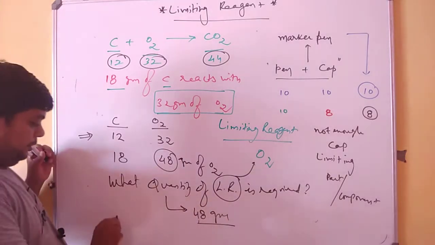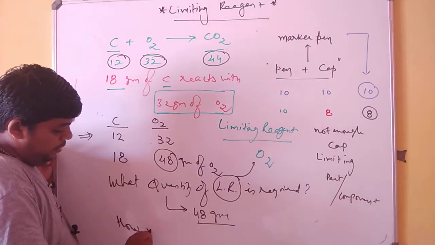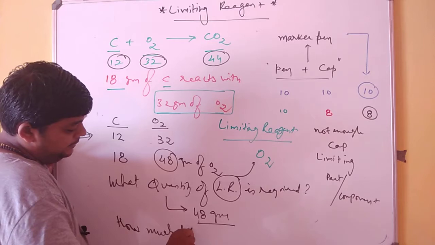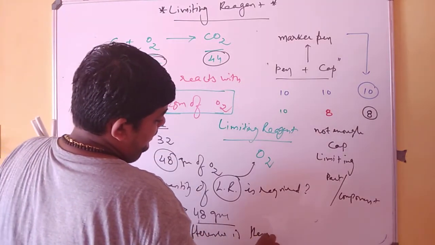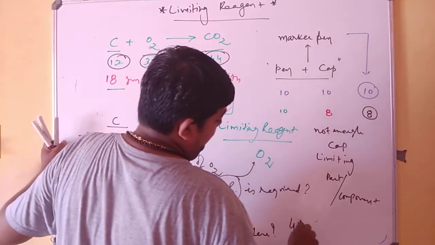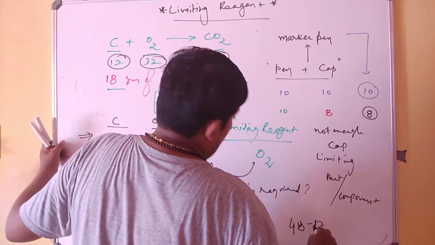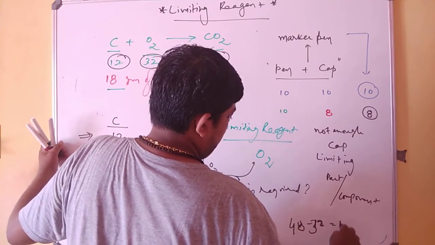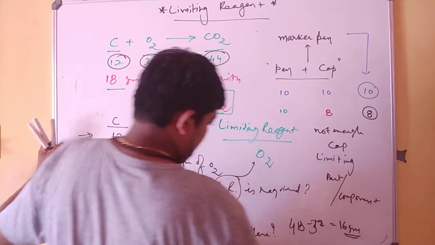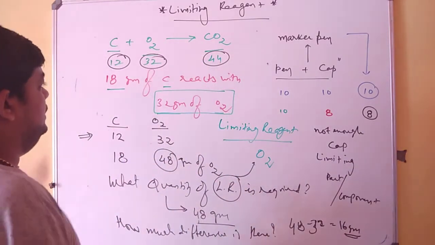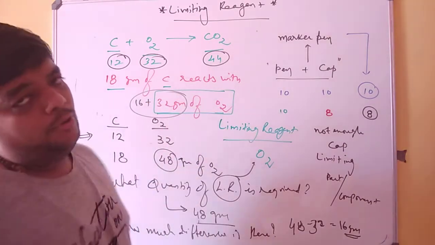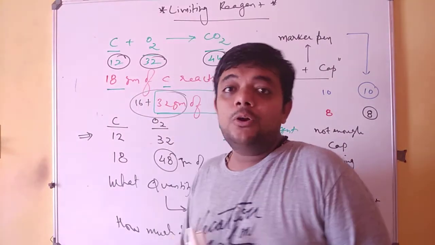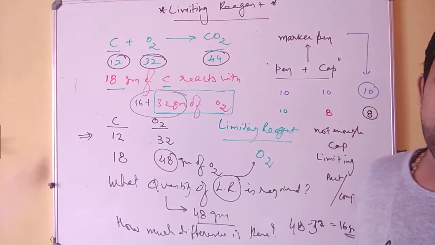Now another question: how much difference is there? Then it will again be 48 minus 32. We will end up with 16 gram. So if you add 16 more gram of dioxygen, I am sure that idealistically, theoretically, the reaction will go 100%.